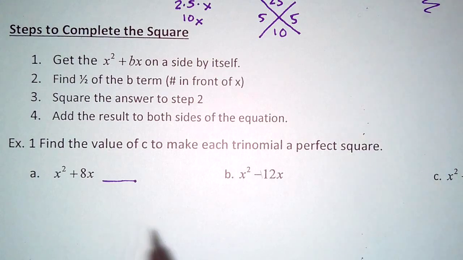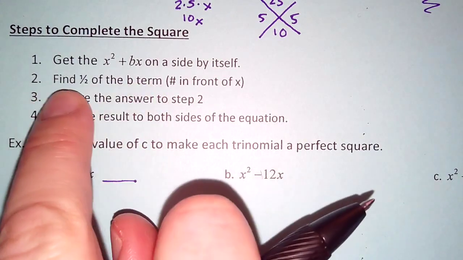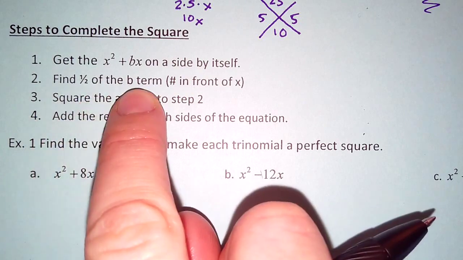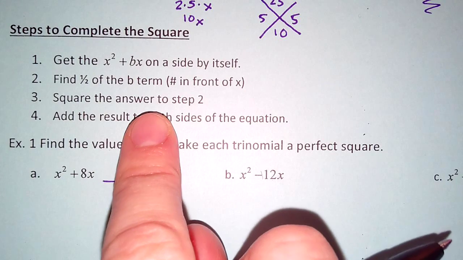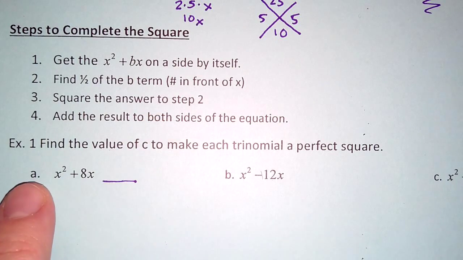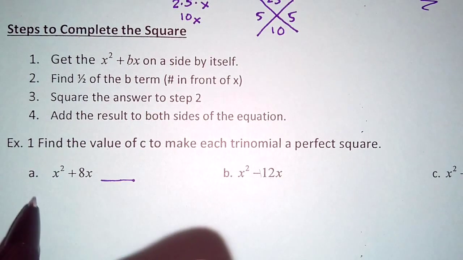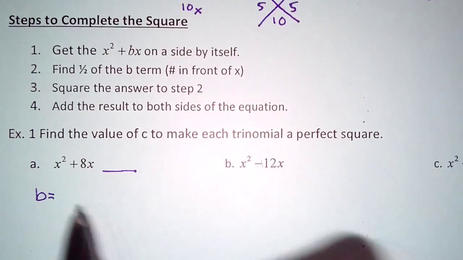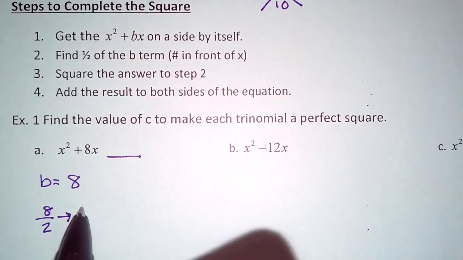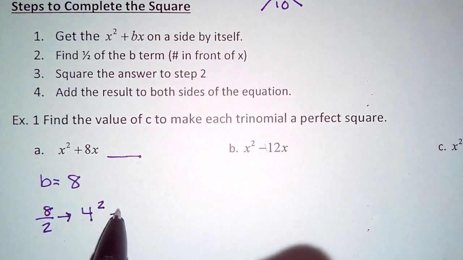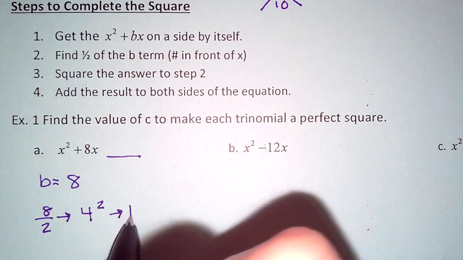So what we want to do is find half of the b term, and then square that number. So for number 1a, what's our b term? 8. So we're going to take 8 divided by 2, which is 4, and then square that, which is 16.